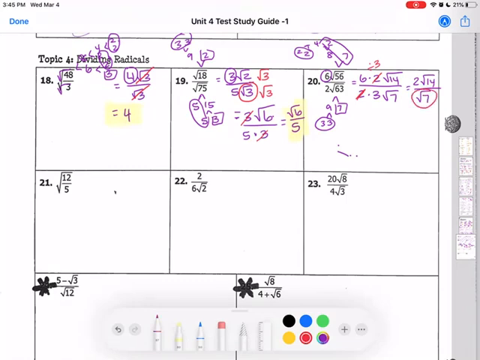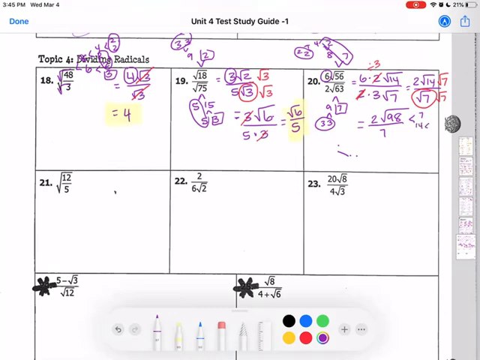Now, I can't have a square root on bottom, so I need to multiply the top and the bottom by the square root of 7. On top, I get 2 square root of 14 times 7 is 98. And on the bottom, square root of 7 times square root of 7 is just 7. Now, 98 can also factor down. I know it's divisible by 7.